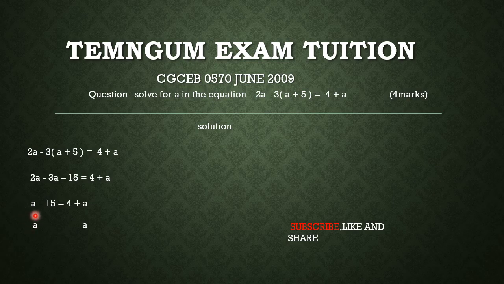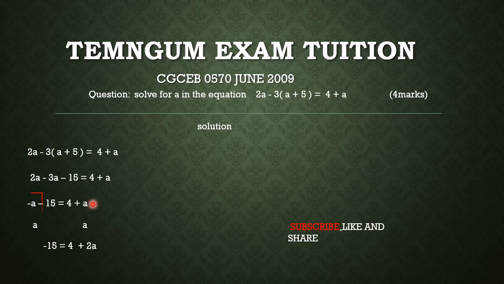So if I want to take this negative term to the other side, it means I have to add a positive quantity. Since it's negative, I add the opposite, a quantity that has a sign opposite to it but the same magnitude. So since it's minus a, I add a on both sides, and by doing that we have this: minus 15 equals 4 plus 2a.